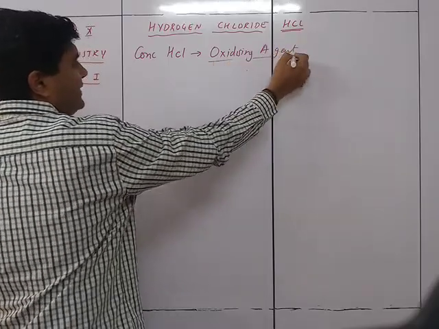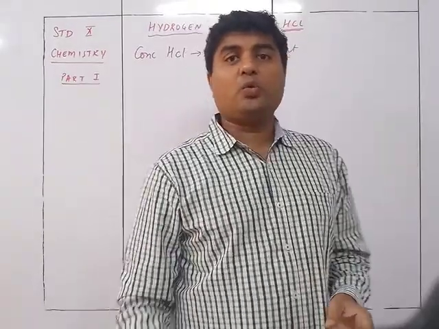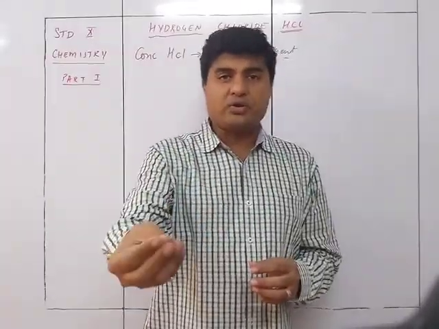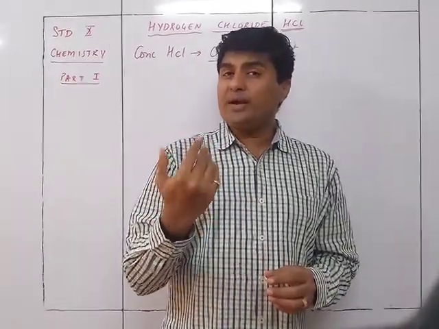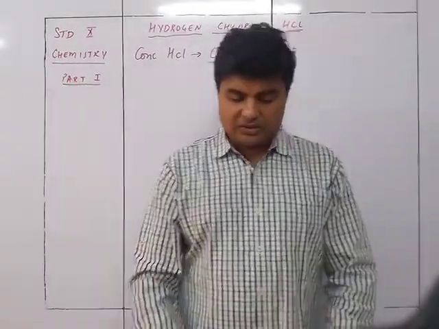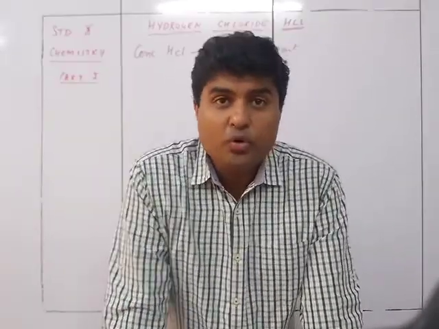What do you mean by oxidizing agent? The one which is going to help in adding oxygen or removing hydrogen. So you can imagine we are going to remove oxygen.